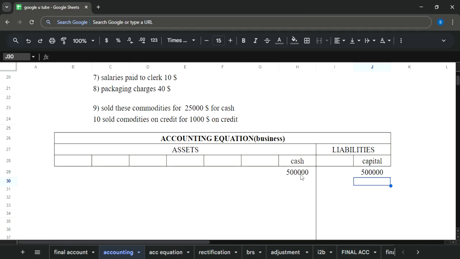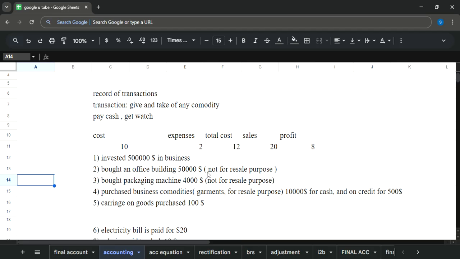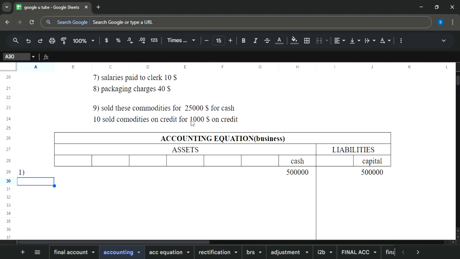In this way, we have completed the first transaction. Each of these transactions, as I have said, is give and take. That means something would be coming in and in return something would be going out. And here in the business, cash is coming in and a burden is being created.